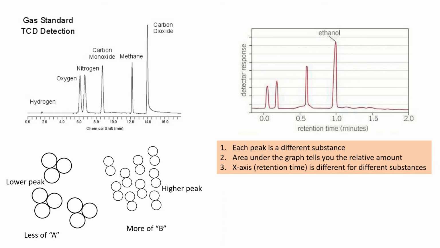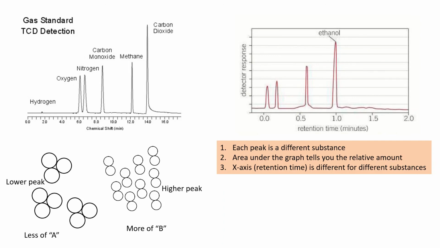If you have more of that substance inside that sample, it will have a higher peak, because the machine will register the higher amount of that particular substance. So let's just say the 2 element molecule is B and the 3 element molecule is A. The machine will pick up more of B and less of A. Now the area under the graph tells you the relative amount.